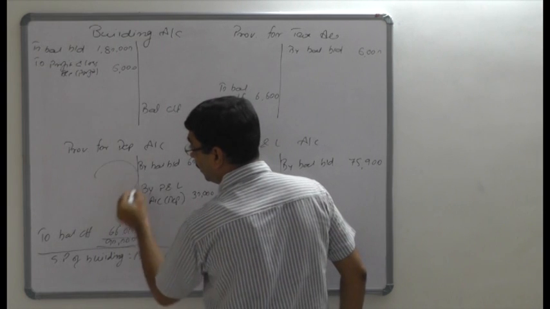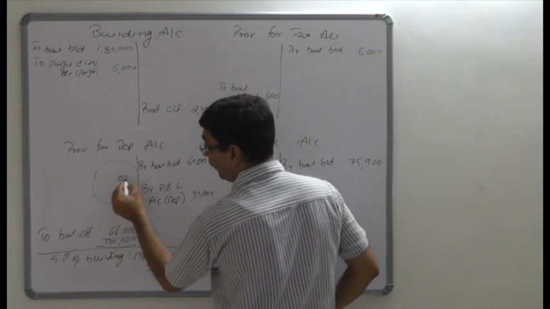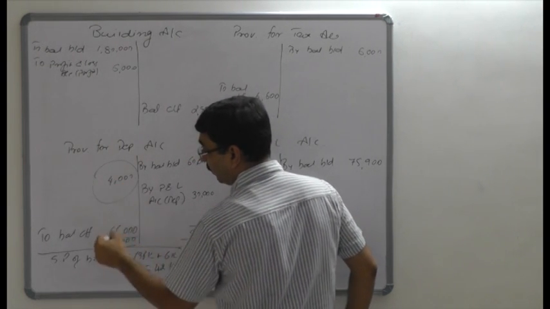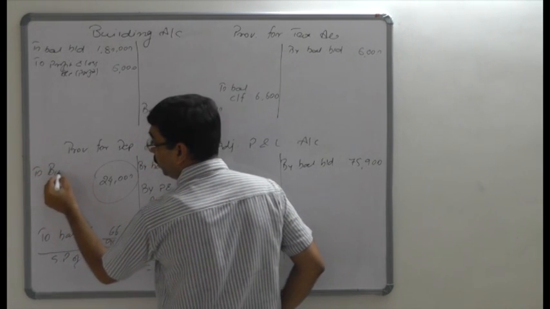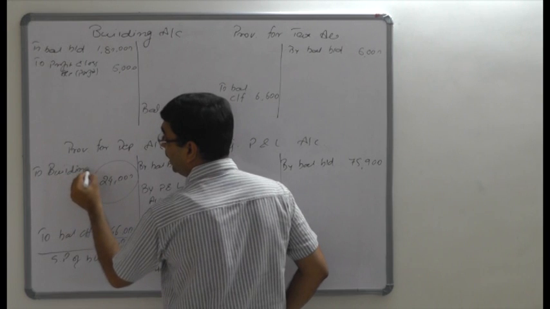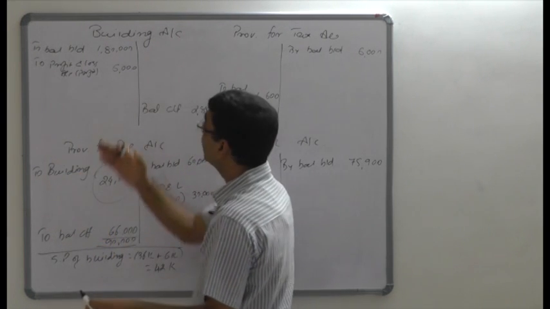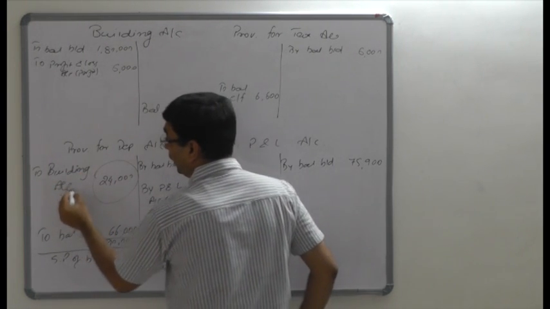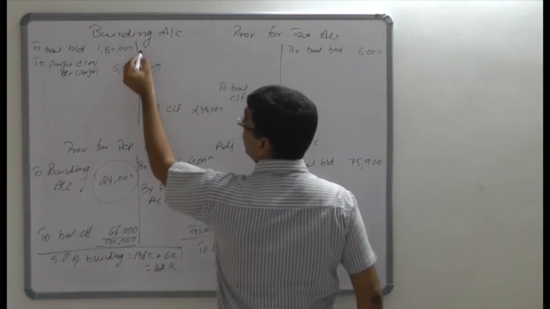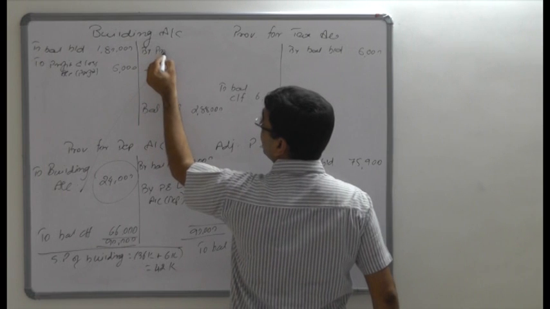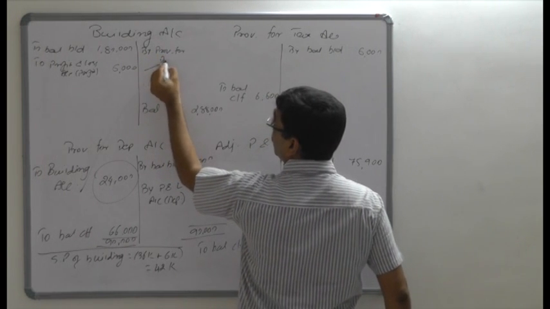So the balance on the debit side: 6 and 4 is 10, 1 carry, 7, 2. This is to be transferred to the building account. Ultimately, provision for depreciation comes from the building, so this would be transferred to the building account credit side, so by provision for depreciation account.